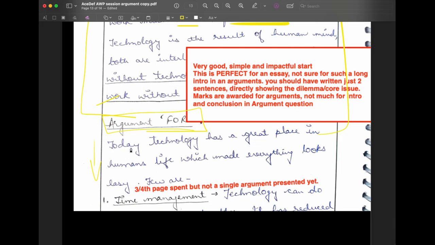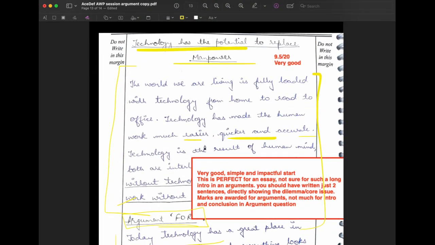And even after writing argument for, the candidate has written two more lines. Today technology has a great place in human life which made everything looks easy. There is no need for this. This is perfect for an essay but not sure such long for interviews.